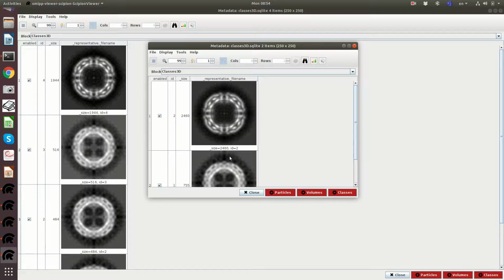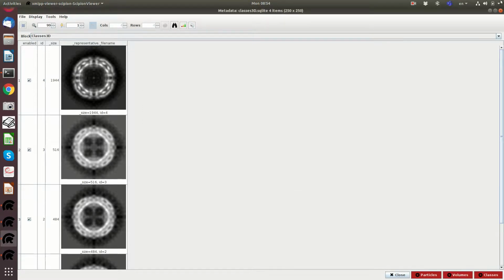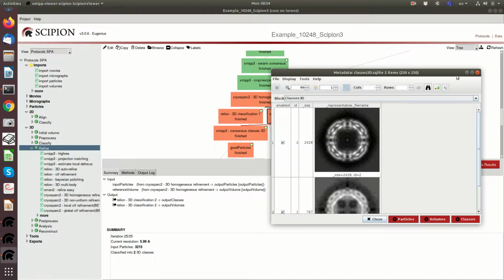So if you don't have one of these consensus tools, you are not able to recognize all these particles, and they are doomed to be thrown into one of the classes, and you will be forced to accept all of those as correct images, while you are not so sure about that.